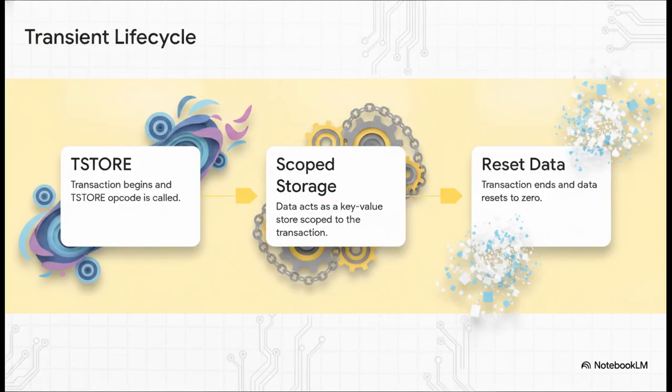Enter EIP 1153 and the Cancun upgrade. This gave us the T-store and T-load opcodes. Transient storage securely holds data just long enough for the transaction to execute, and then, poof, it completely vaporizes back to 0. It acts exactly like normal storage, but it lives in a totally independent address space.